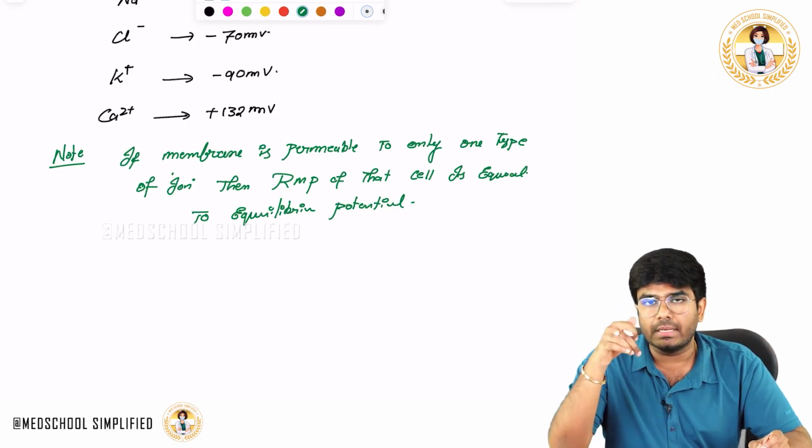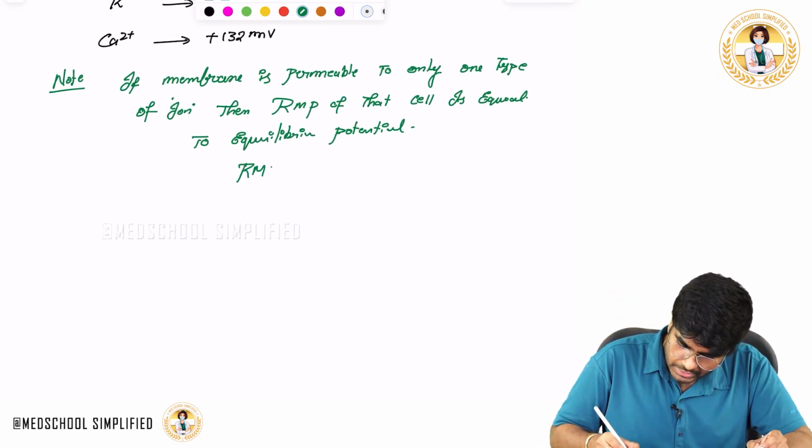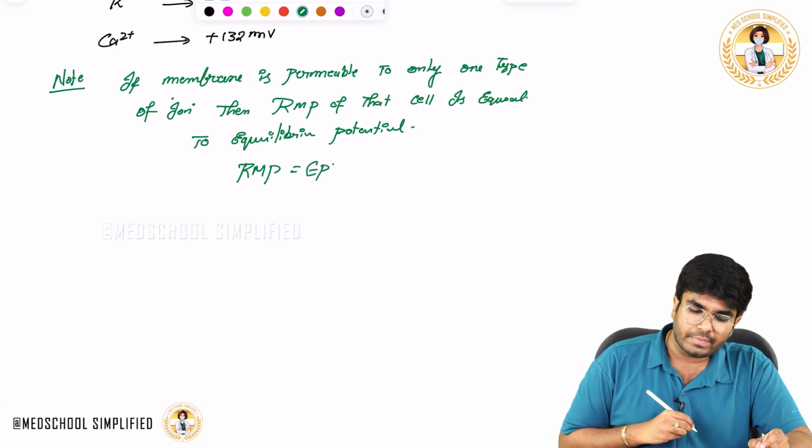Okay, simple. In that cell, the resting membrane potential and the equilibrium potential are equal.